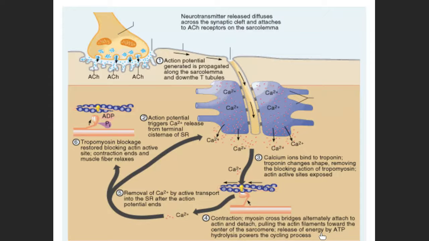And then we've got this power stroke as the muscle contracts. The muscle will keep contracting as long as there's enough calcium in the cell. Once the action potential stops, the binding site will be covered and the muscle goes back to its normal length. Is that easier to remember?